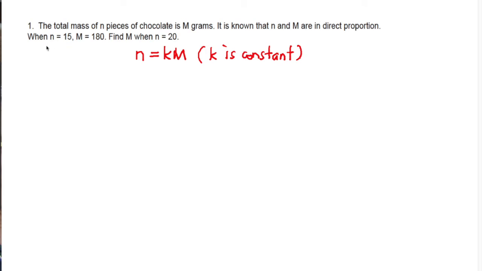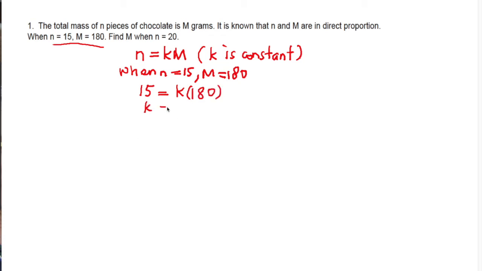The question will give us some values to find out what is k. So when n is 15, m will be 180. Substituting into the equation, we have 15 equals k times 180.